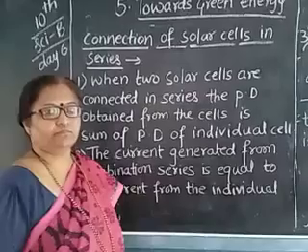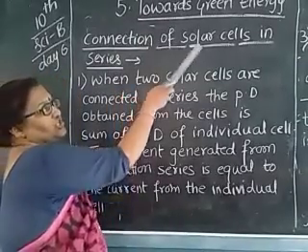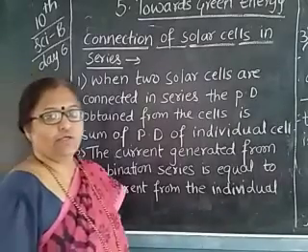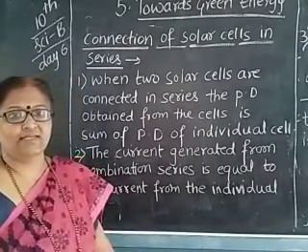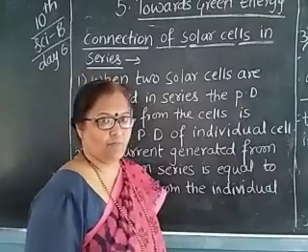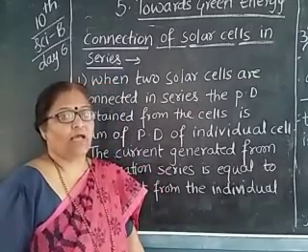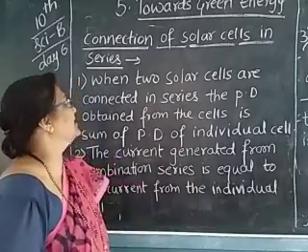The next point, connection of solar cells in series. Now, there are solar cells in a solar energy power plant. If these are connected in series, what happens, we are going to see here.